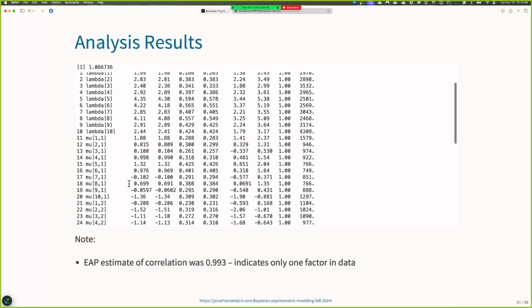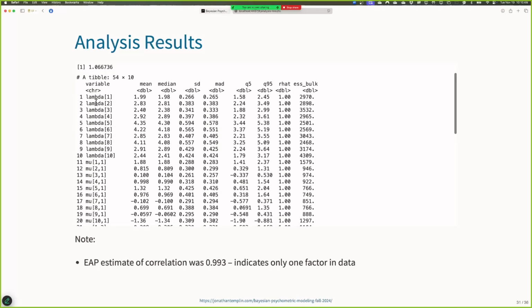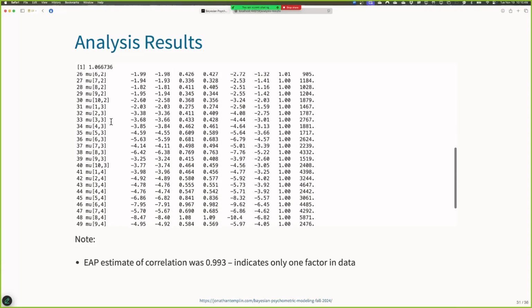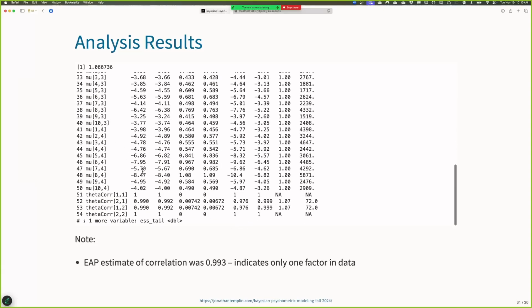Well, we'd have to see the Q matrix, but we can tell right now there's only 10 lambdas, right? And there's 10 items. So we know that each item still only measures one dimension. So there's no difference in the number of lambdas, no difference in the number of intercepts for the submodels. The only difference is we've added a correlation parameter here. Now, that correlation parameter describes 177 new thetas, which we are estimating.